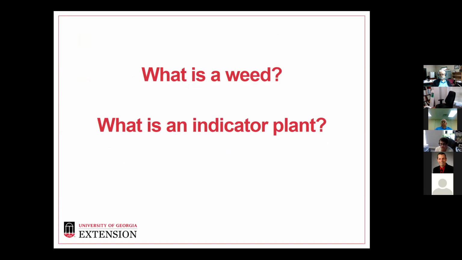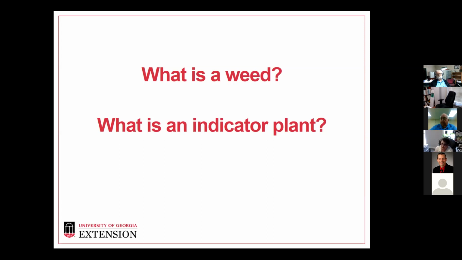Maybe that soil stays wet for an extended period of time. And a lot of our weeds are more tolerant of these issues than our desirable forages are. So we can use them to tell us what's going on so that we can try and alleviate the cultural issue to improve our forage's chance of proliferation.